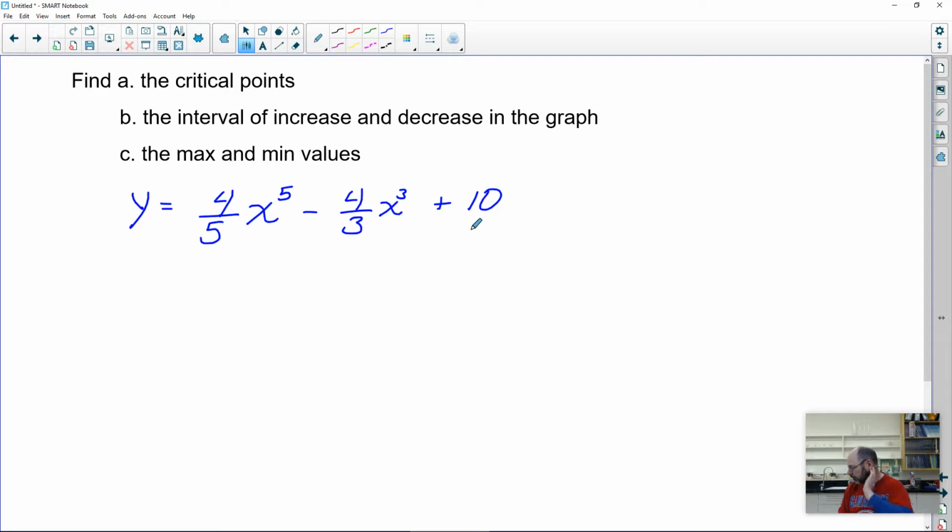Okay, so this one will work out for us, and we want to find the critical points, the intervals of increase and decrease, and the max and min values.